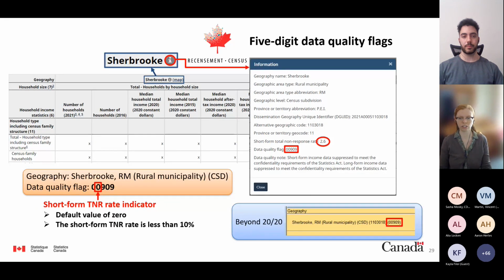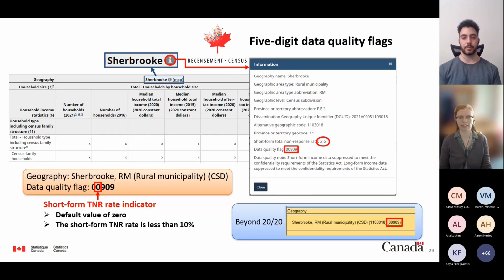The second digit indicates the range of the short form TNR rate, or it can indicate if data in the area were suppressed to meet the confidentiality requirements of the Statistics Act. Again, 0 is the default value, and for this digit, it indicates a short form TNR rate of less than 10%.